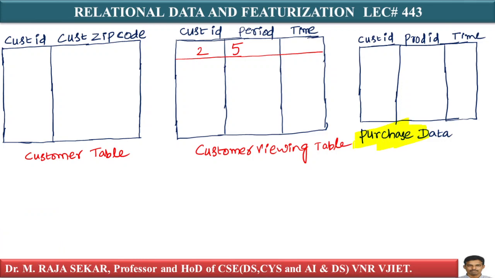In the purchase data, we have the customer ID, the product ID, and the time at which the customer made a purchase for a given product.